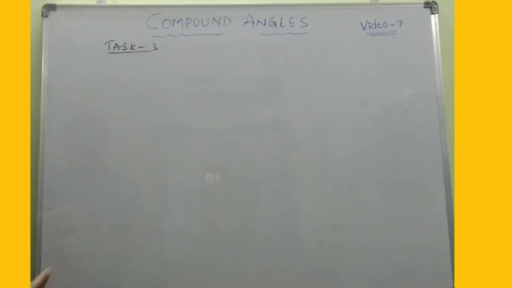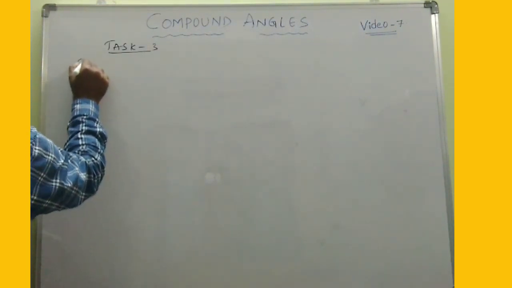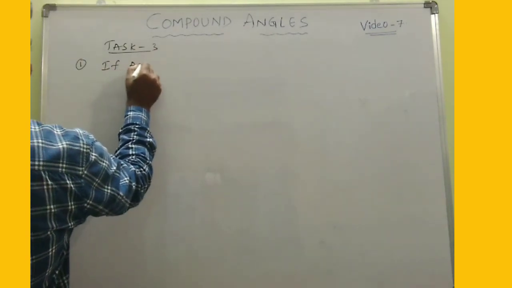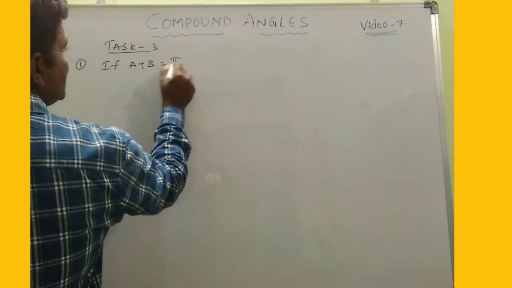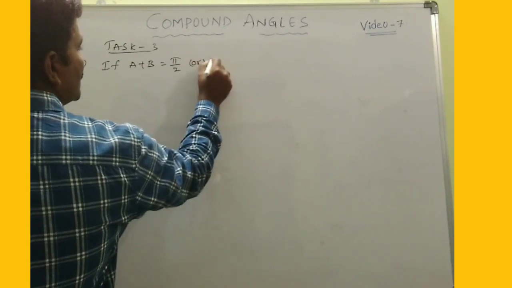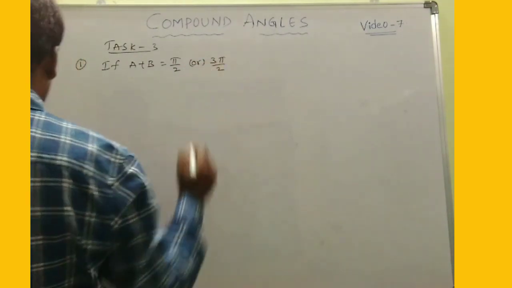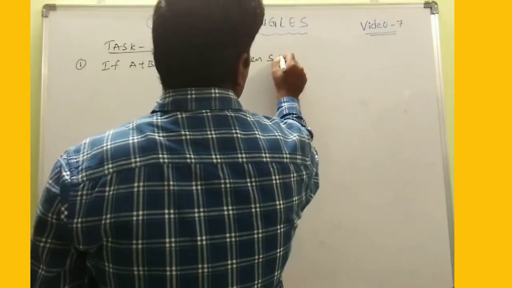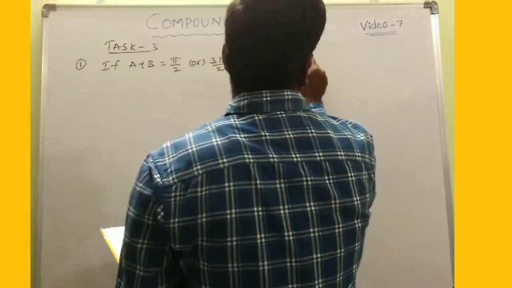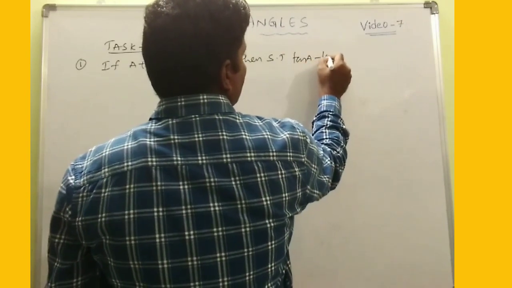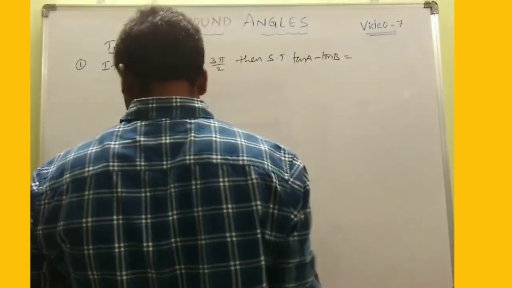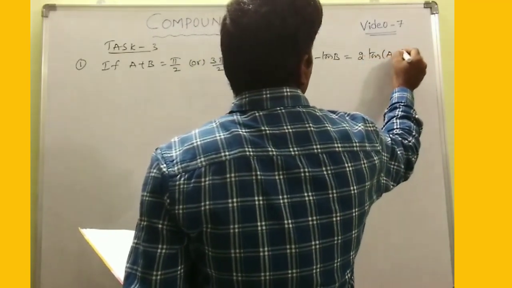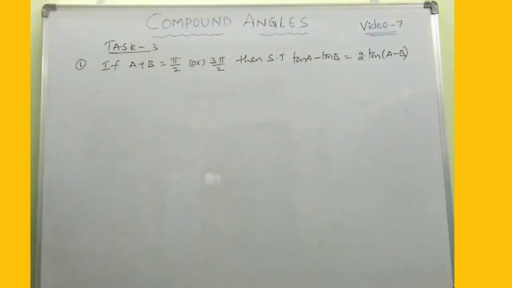So after that, coming to task 3, question number 1. If a plus b is equals to pi by 2 or 3 pi by 2, then show that tan a minus tan b is equals to 2 into tan of a minus b.